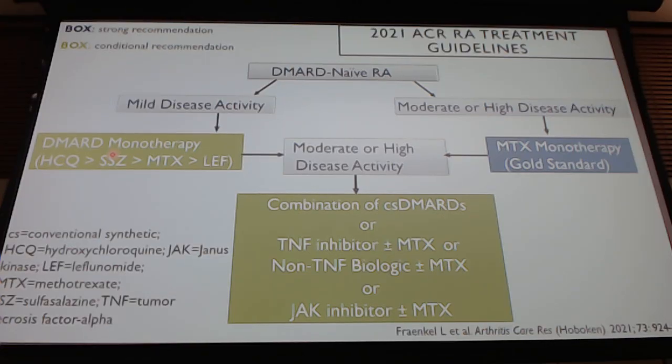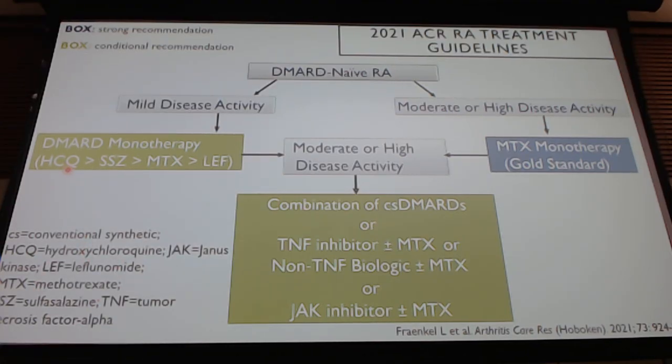So I can give them something like that NSAID or the corticosteroid to help them until my DMARD works, because it takes a little while for our DMARDs to work. They're a little slow. Just like the disease progresses slowly, my DMARD works slowly.